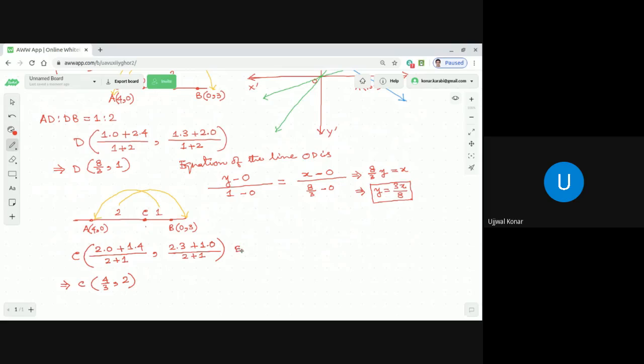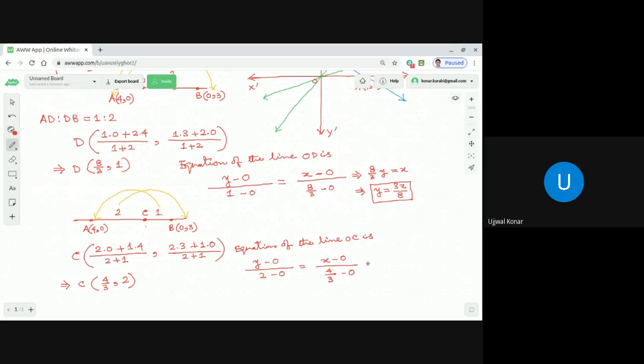So we can find the equation of the line OC: y minus y1, that is y minus 0, because one point is 0, divided by 2 minus 0 is equal to x minus 0 divided by 4 by 3 minus 0.